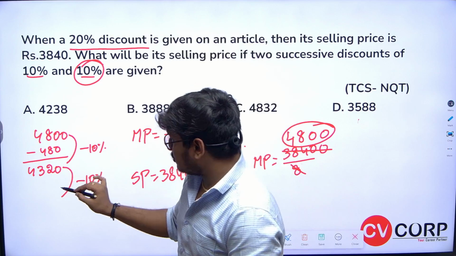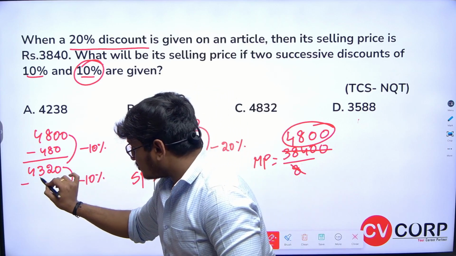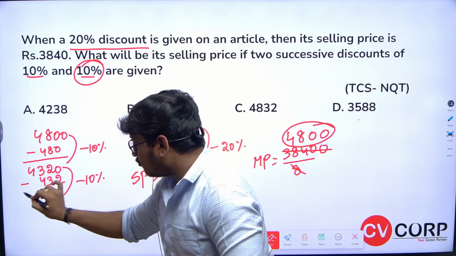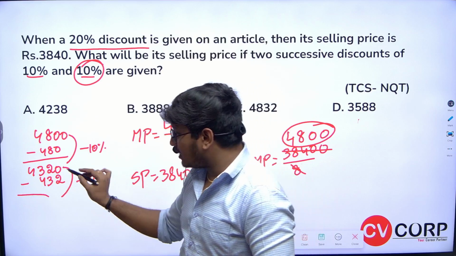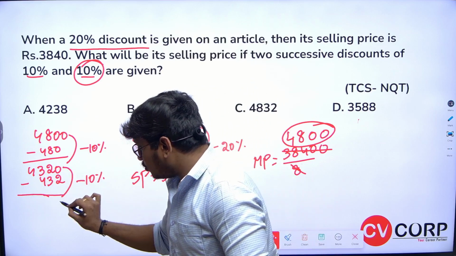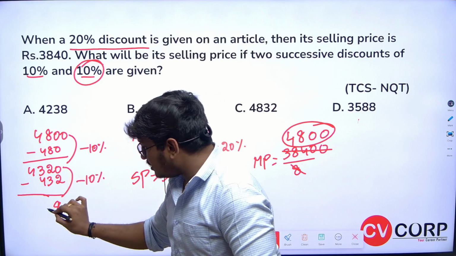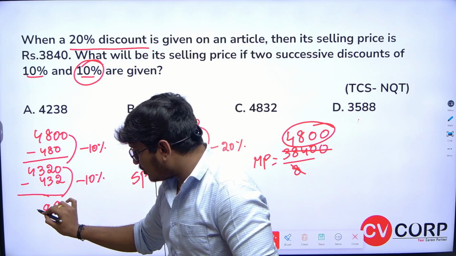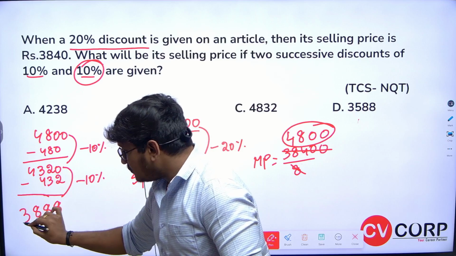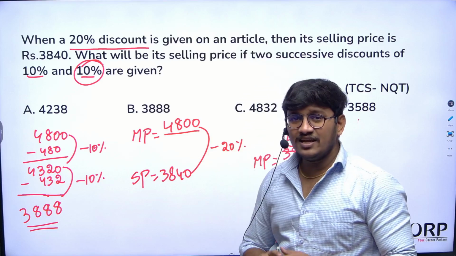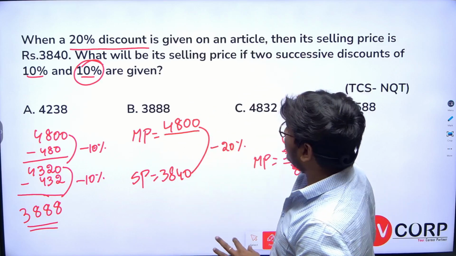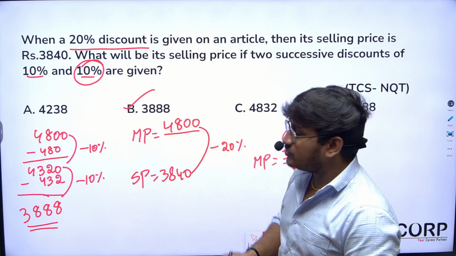If you observe here, minus 432, because 10% of 4320 is 432. Out of 10, if you remove 2, it is 8. 11 minus 3, it is 8. 12 minus 4, it is 8. So it will be 3888. 3888 will be the selling price. So the answer is option B.